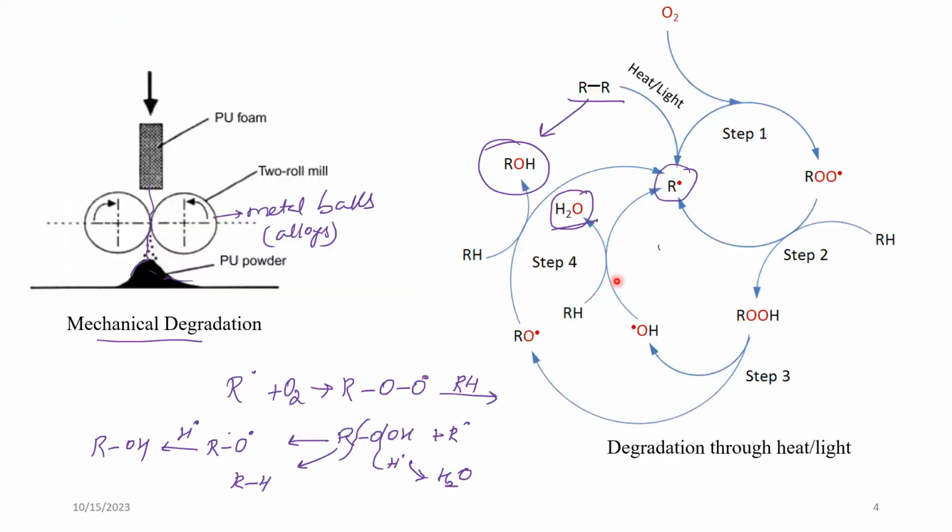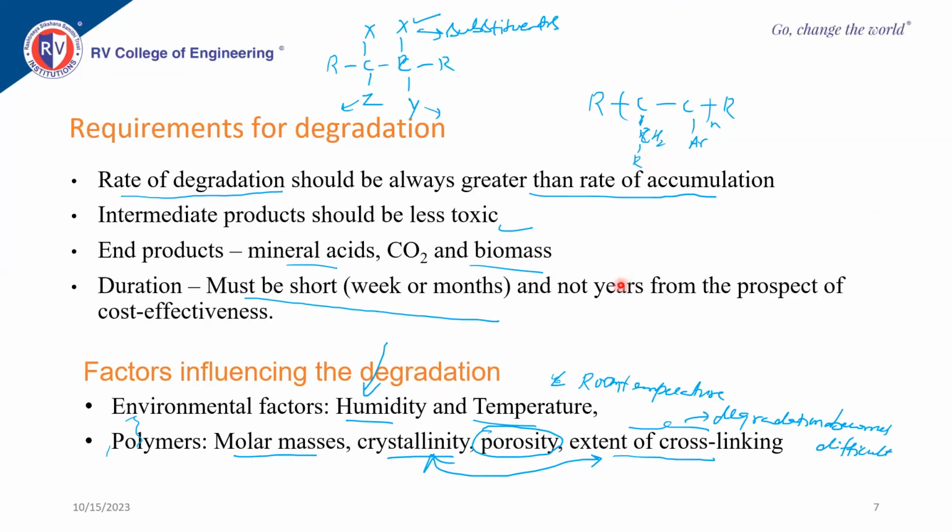Otherwise, not. But porosity is always necessary so that products can be easily evolved. You have to have space for the exit of the byproducts. That should be your understanding at this stage. Any doubts? Please feel free to clarify with me.